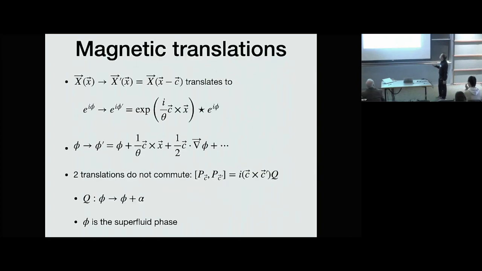The 2 translations basically correspond to multiplying e to the i phi by the exponent of a linear function of x, and the U(1) symmetry by multiplying by the exponent of a constant. So the single Goldstone boson realizes all 3 broken symmetries. I see. Okay. Thank you.